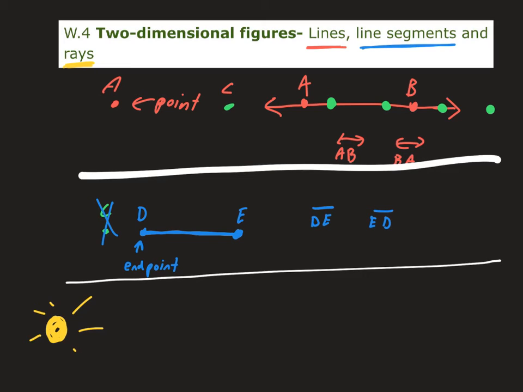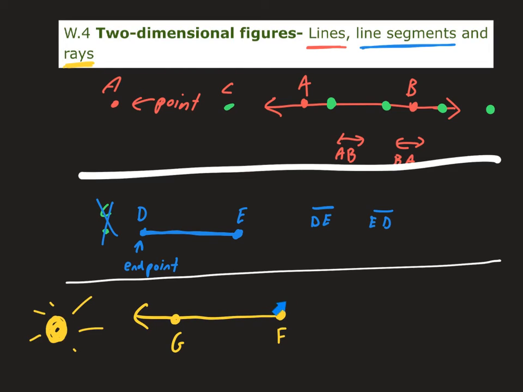So here we've got endpoints on a line segment. We've got just points on a line, and we kind of combine those two. And so when we do a ray, we have an endpoint. Let's call this F. And we've got another point, let's call it G. And our ray goes through it.